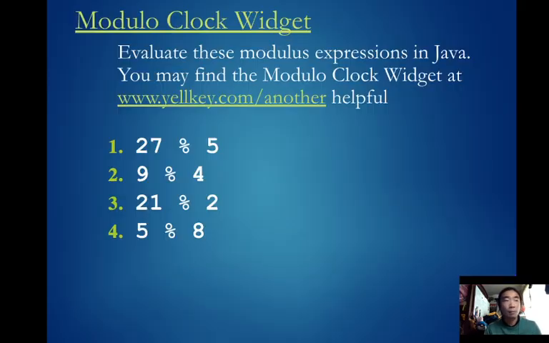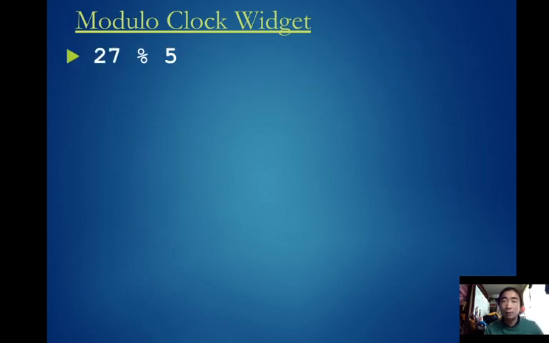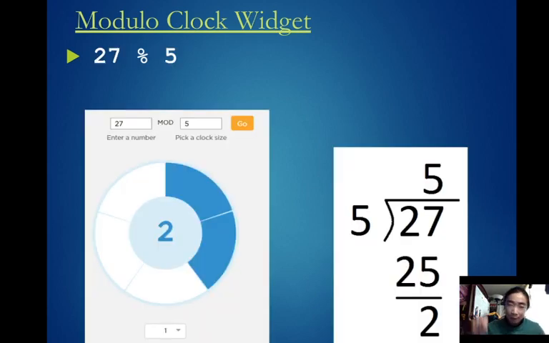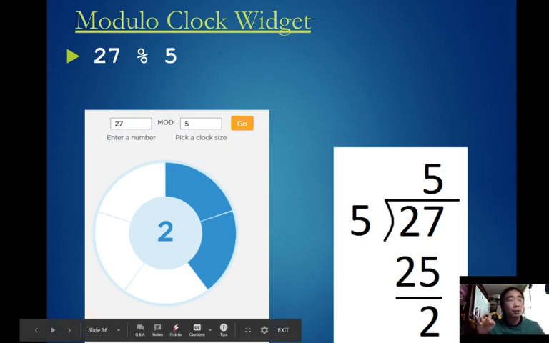Okay, back to mod. So in this first example, 25 divided by 5, what's the remainder? That's how I read these things. Or if you want to be fancy sounding, 25 mod 5, what is that? It should be 2. Yes? Think about it as going around. Here's a helpful analogy.